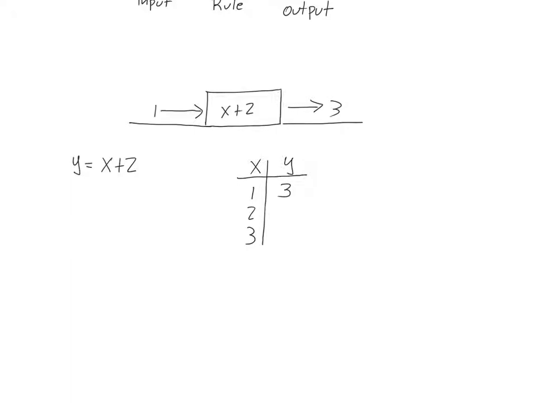If you continue the same process, when you put a 2, you're going to get a 4. And when you put a 3, it will give you a 5. So that is an example of an equation, and we also have it as a table.